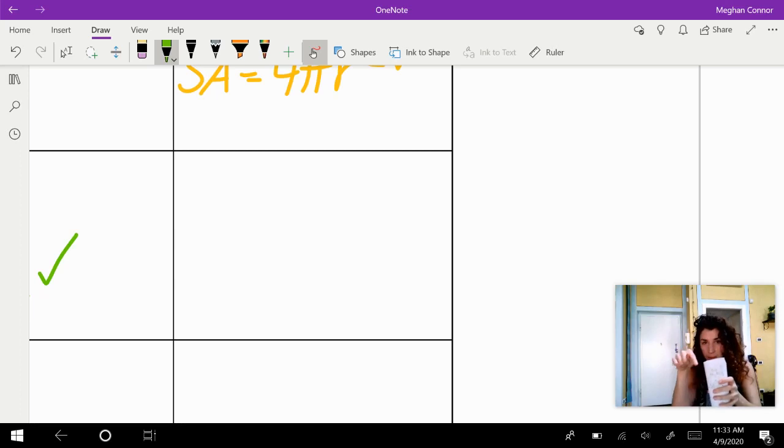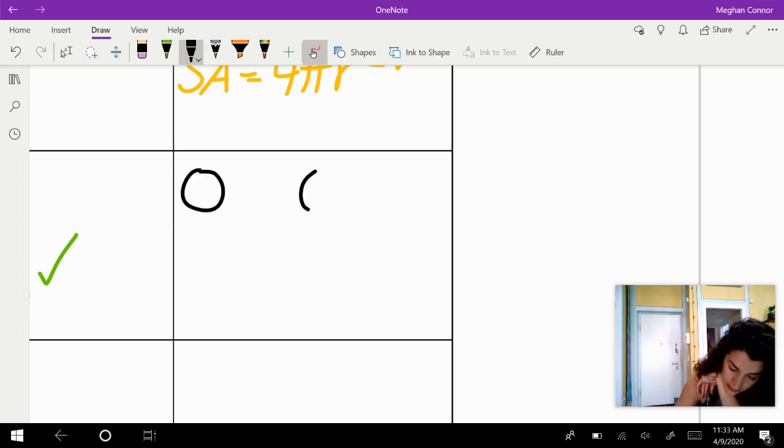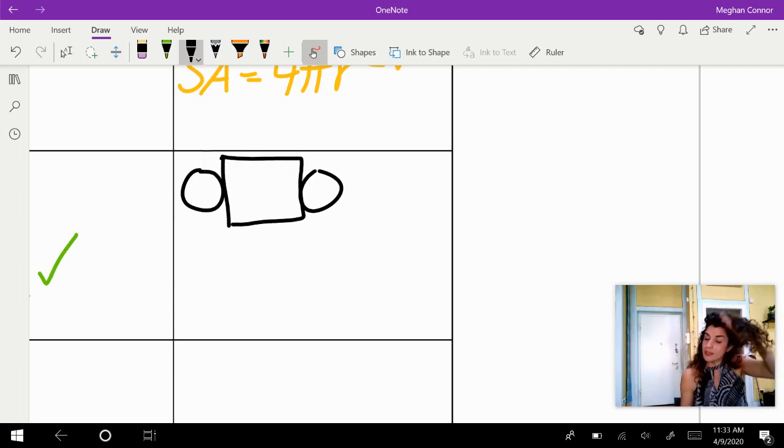So it's the circumference of the base times the height of the cylinder in order to make the lateral area. So drawing the net, because for surface area we have to think about it as a net. A very poorly drawn net, but you've got two circles and then you've got that rectangular surface.